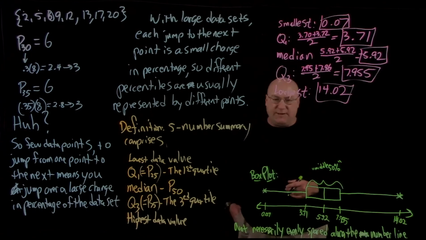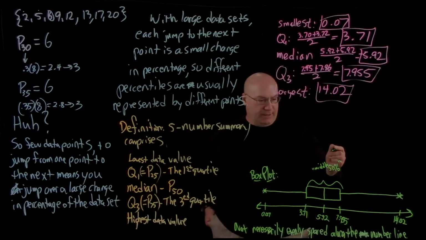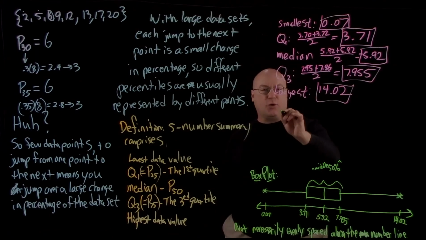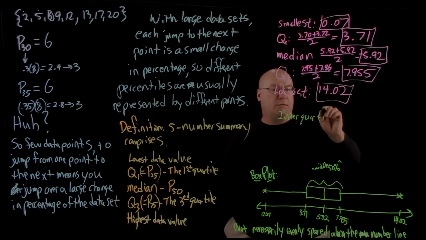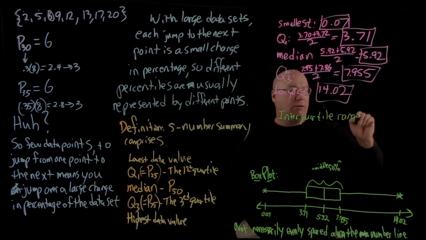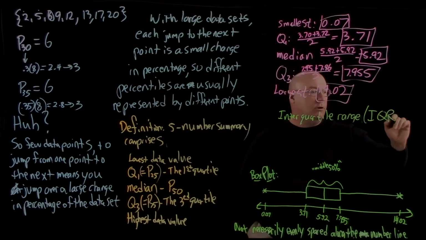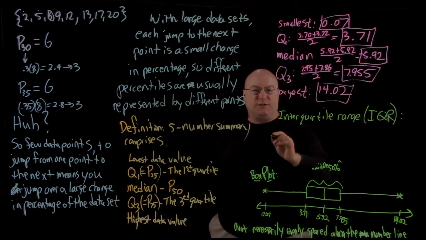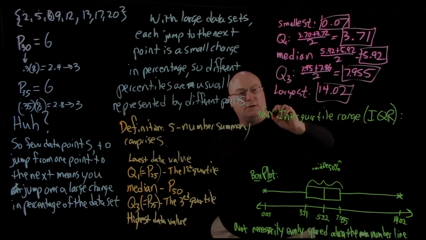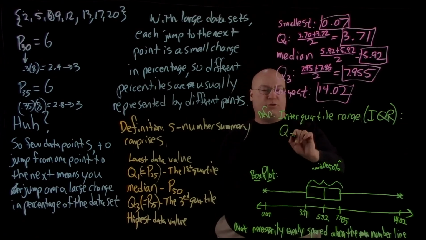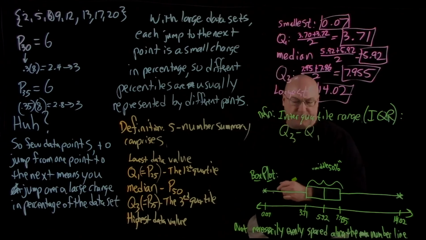One more thing, I guess. Let's see, I'll define the interquartile range, which is also called the IQR. This is a definition, and it's just Q3 minus Q1.